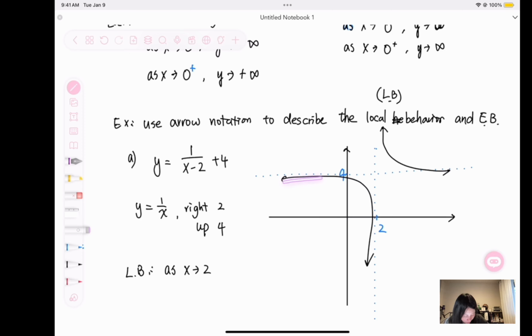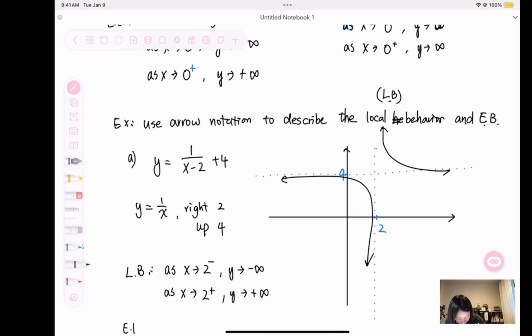As x gets really close to 2, what happens to y? y goes down to negative infinity. So as x approaches 2 from the left, y goes to negative infinity. As x approaches 2 from the right, y goes up, so y approaches positive infinity.